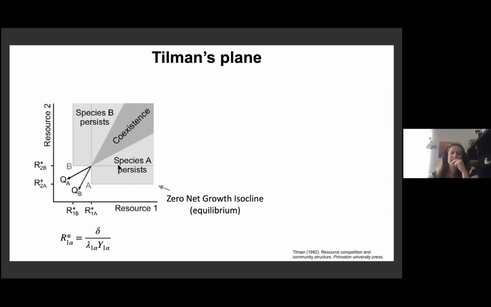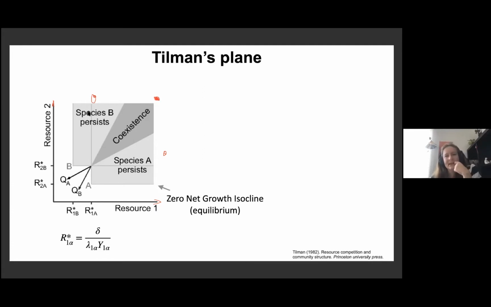So basically, what is shown here is that for a set of two resources, as this is the most simple scenario from Tilman, you will have this 2D plane, and your resource supply can be somewhere here or here, depending on your actual environment.